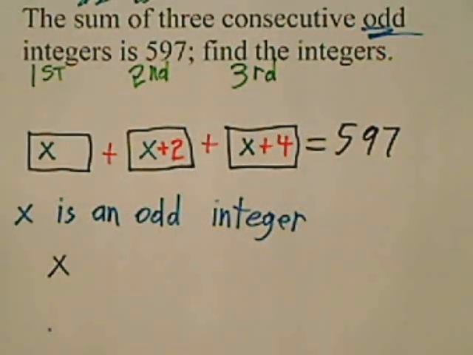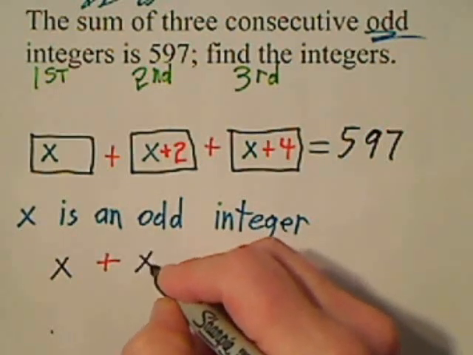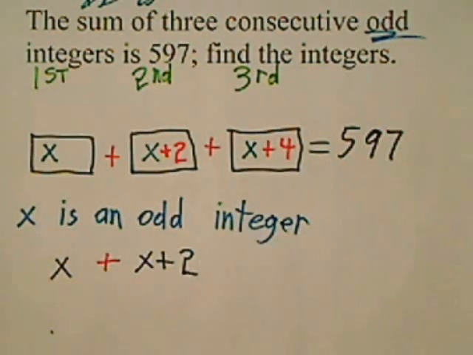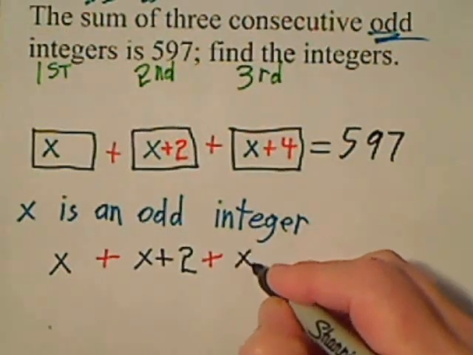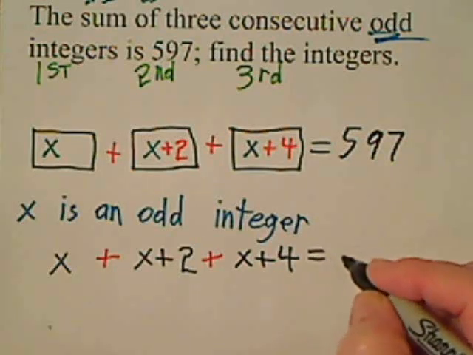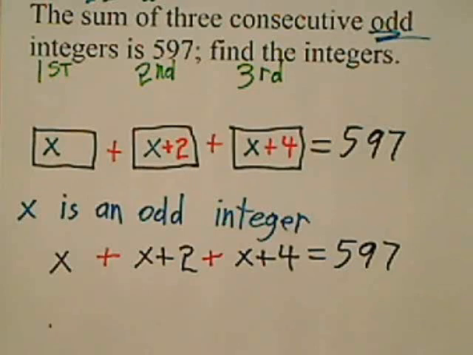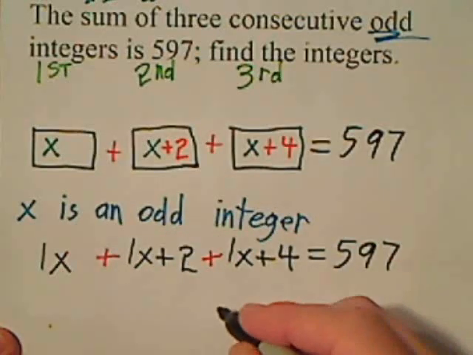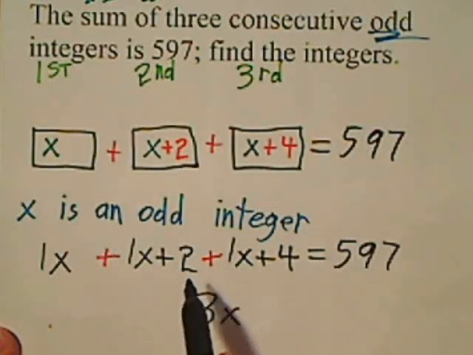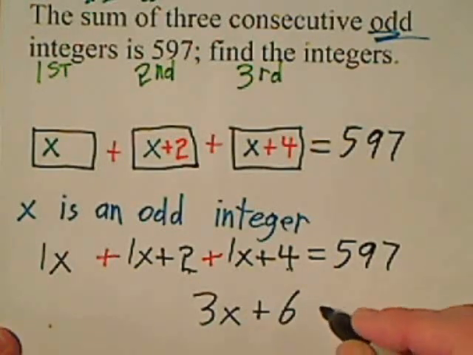So we have x plus x plus 2 plus x plus 4. And now we combine like terms, solve for x, and we'll be all set. Remember, there's a 1 in front of each of these, so that's 3x. Adding the 2 and the 4, we get plus 6.